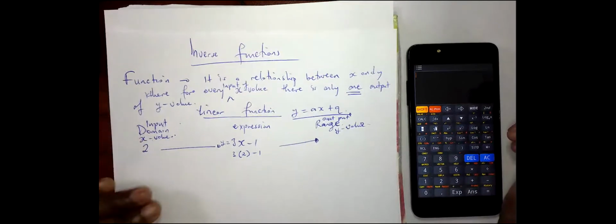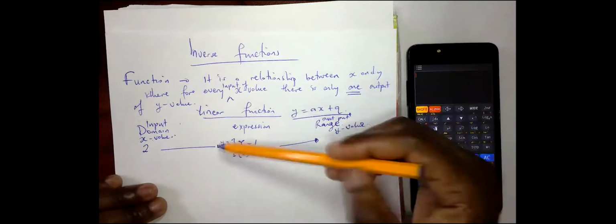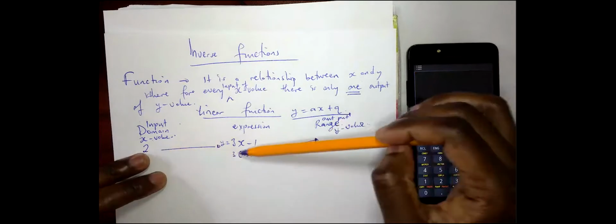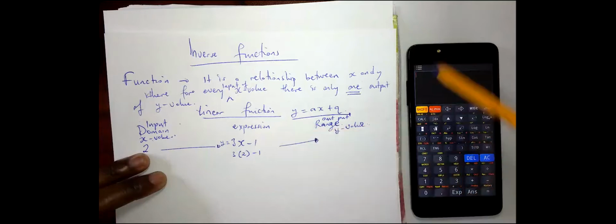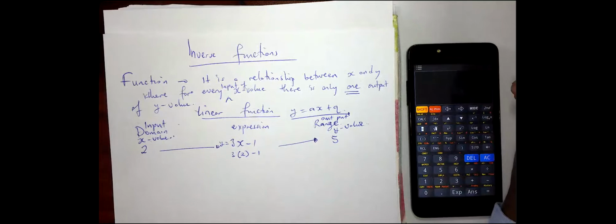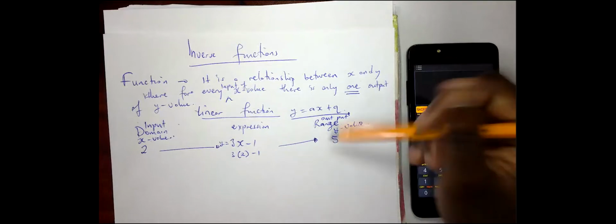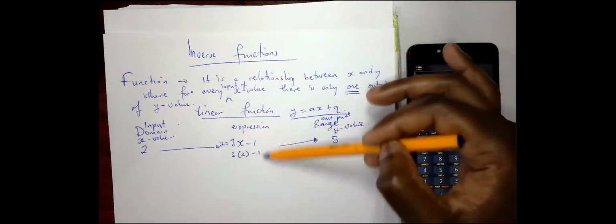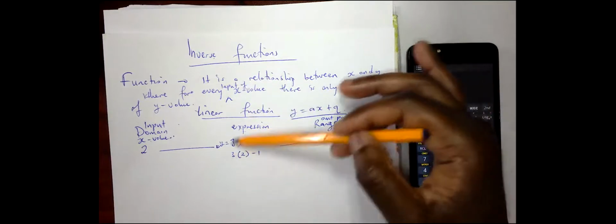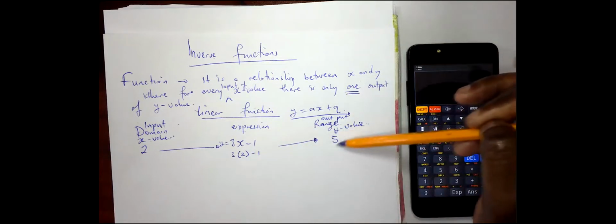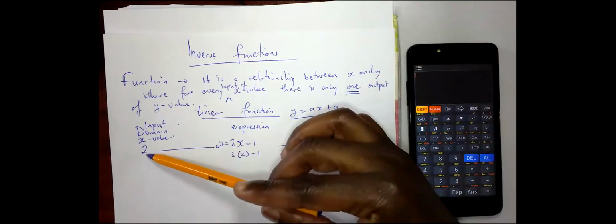Now, when you input 2 there, that's our domain in this case, and we substitute, say f of 2, which in this case is 3 times 2 minus 1, we get 5 here. So that's part of our range, isn't it? Now, when you're talking of an inverse, if we input 5 into that expression, we must get 2.